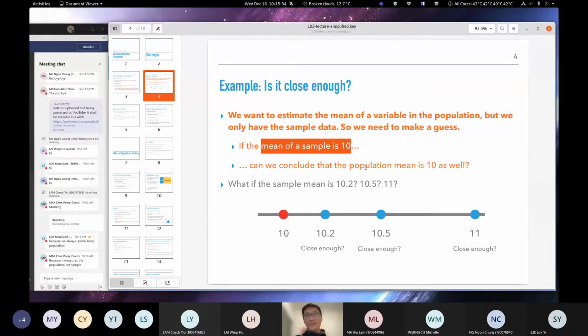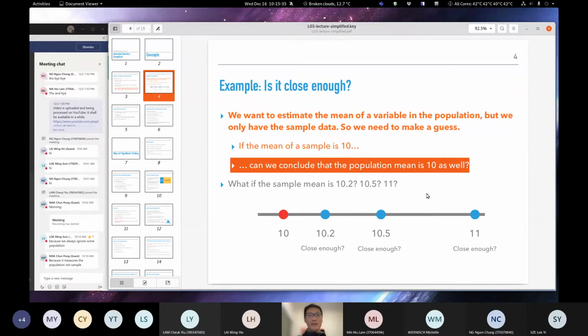Notice that the answer to this question is either yes or no. This is a yes-no question. So we are basically saying, I think the population mean is equal to 10. Is that true? Or is it likely that it is true based on our sample data? That is the idea behind this question. Now you may further ask, why do we think that the population mean is 10?